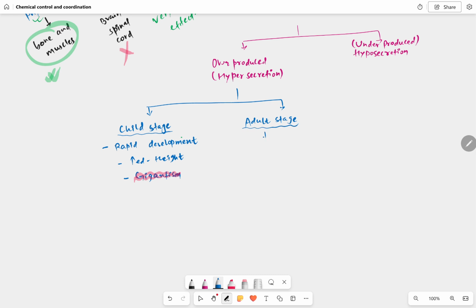In that case, it will cause a gorilla-like appearance. The overall normal body structure is changed, gorilla-like, and this case is called acromegaly.